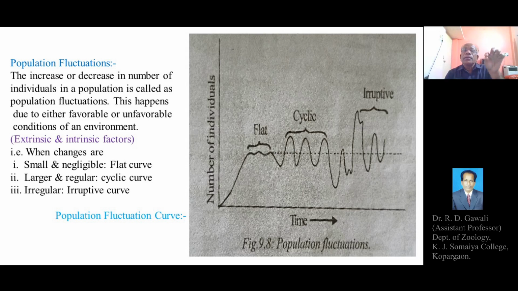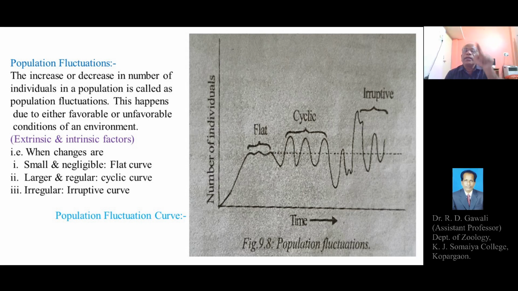A small number of individuals can increase or decrease, representing the flat curve. Flat curve is due to the small and negligible changes. Then secondly, larger and regular changes. Changes may be larger and regular, representing a cyclic curve.